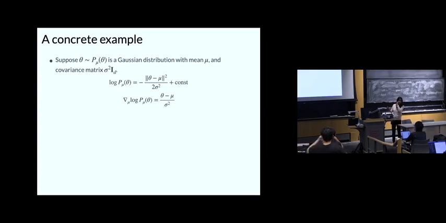Do you agree? Okay, now let's take the derivative of this. This is just a square, so it's going to be something like theta minus mu over sigma square. Do you kind of agree? The derivative will return mu, and that's why the minus is also gone. Are you cool with this?